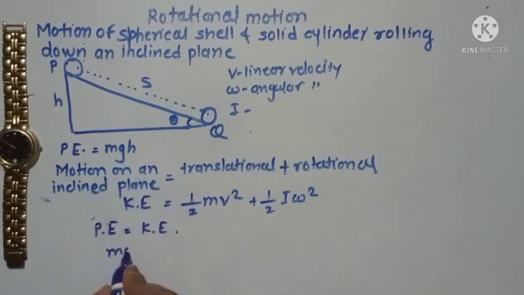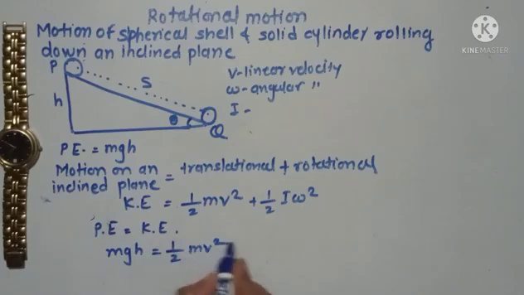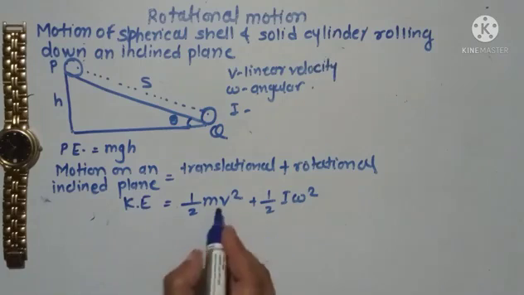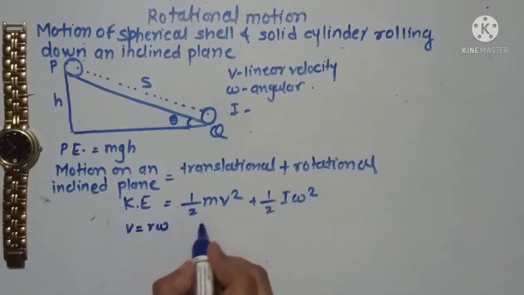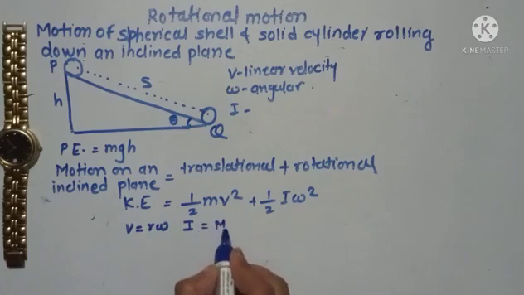So mgh is equal to 1/2 mv square plus 1/2 I omega square. We know that v is equal to r omega, and we also know that I is equal to m k square.